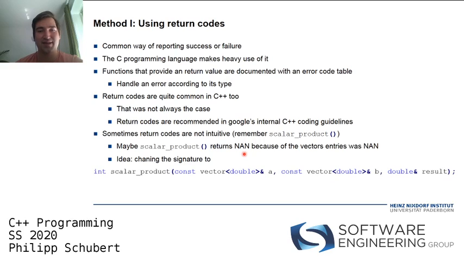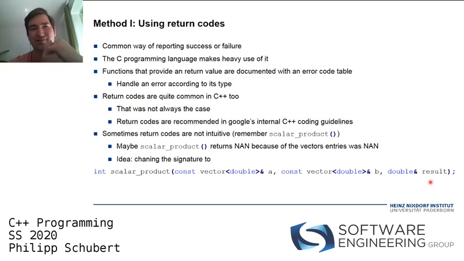Now you could come with the idea, maybe let's change the signature to have the scalar product function return an int, and the int indicates the error state, and somewhere in your code you have a code comment documenting what the return value 42 means, what minus 13 means, or whatnot. You list all the different errors that the scalar product function can encounter, and the real result is returned as a reference, so as an output parameter. But that's not the purpose of functions really.